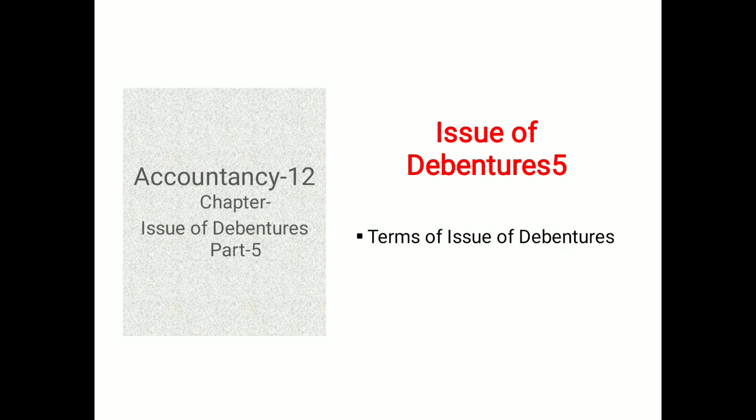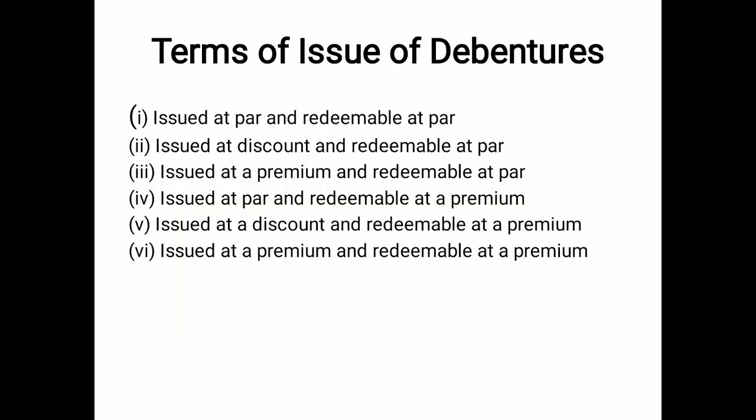Today I will tell you the scheme of accounting treatments related with the terms of issue of debentures. Now you may see here, these are the terms of issue of debentures. First is issued at par, payable at par. That is, suppose it is issued at par, the value is 100, and repayment is also 100.